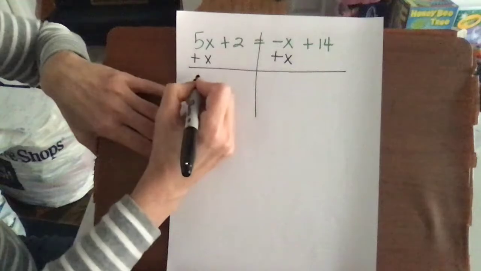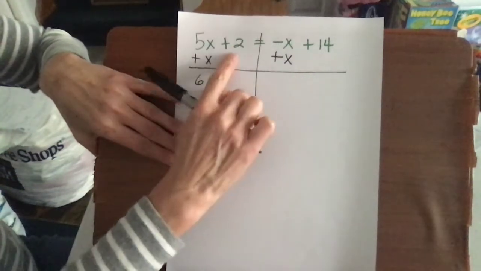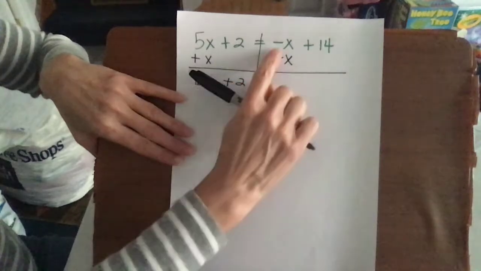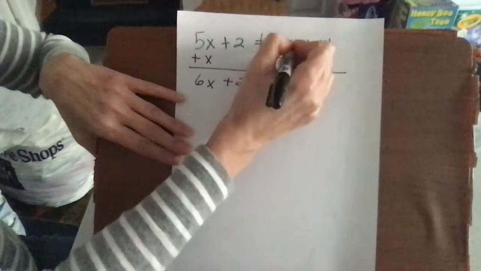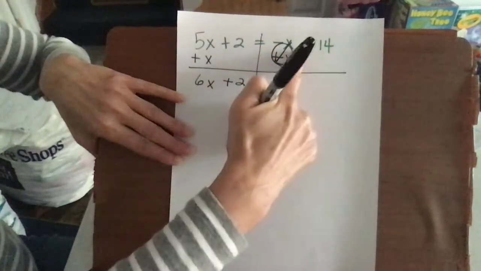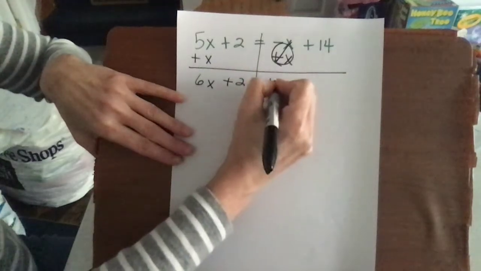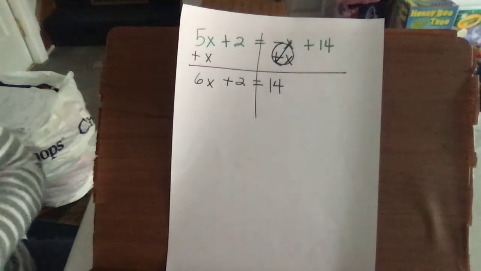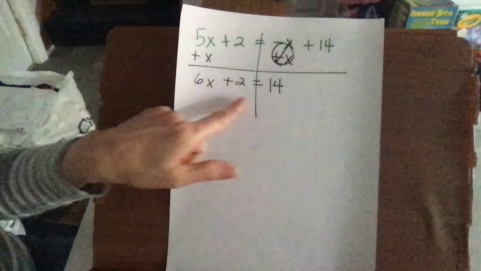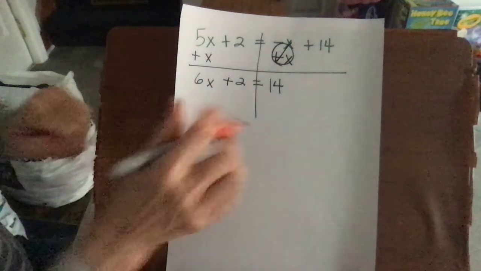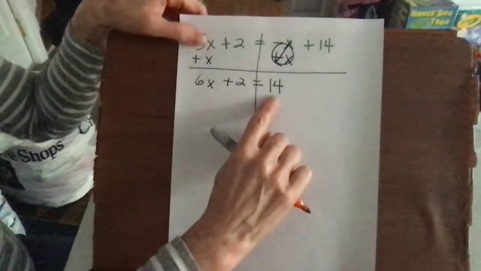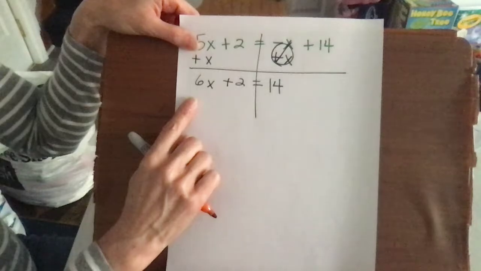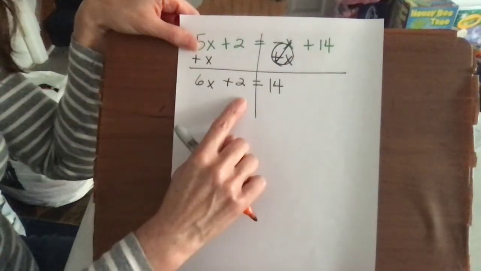5x plus x is 6x. We still have plus 2. Bring down your equals. Negative x plus x is 0, so 0 it out. And this is a positive 14, so we can write that as 14. Next, we're going to take 6x plus 2 equals 14, and we're going to bring the numbers to this side because all our variables are together right here in 6x, but our numbers are not.